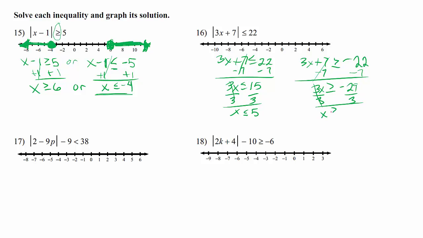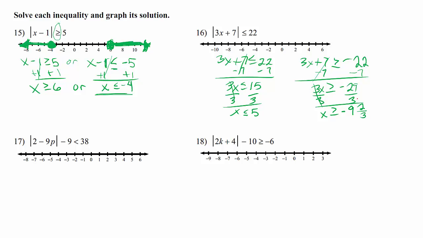Because we have to graph this, what we want to do is change it to a mixed number or a decimal, but decimals are not as cool as mixed numbers. And it's actually easier to get the mixed number if you know what you're doing. 3 goes into 29 9 times with 2 left over, so this is 9 2/3, negative 9 2/3.